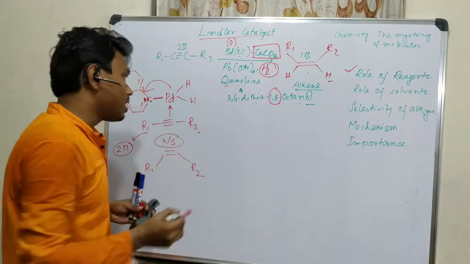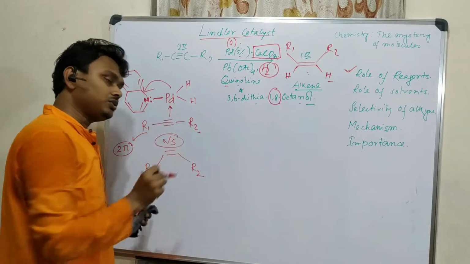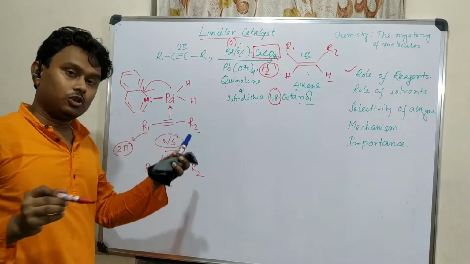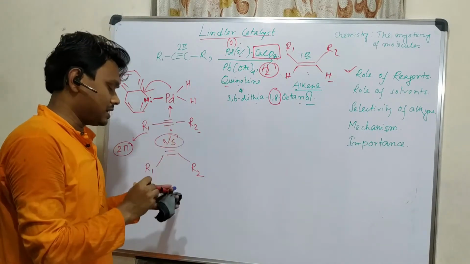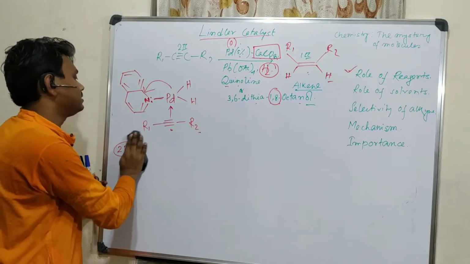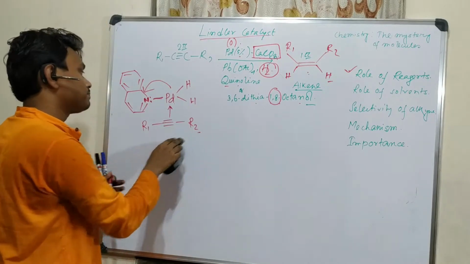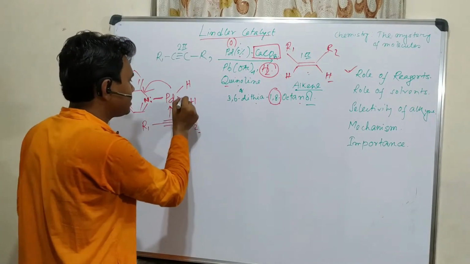If more electron cloud is withdrawn from the palladium center, then it becomes more electron deficient. That time it prefers the molecule which has electron in excess. So that is the alkyne. So that's why, in spite of having both alkene and alkyne in the reaction mixture, this catalyst selectively prefers the alkyne. And after that, what happens?